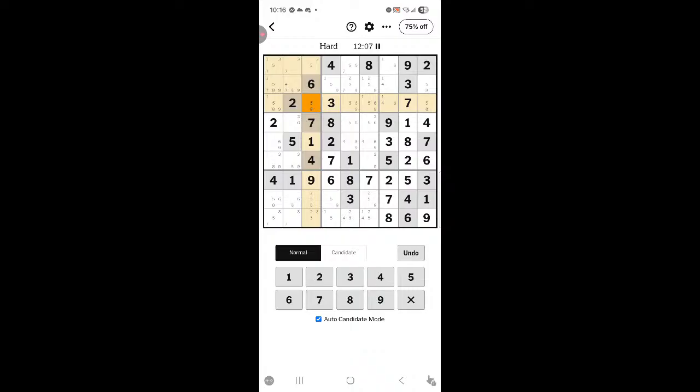Well, let's try. If it's 8, that forces 3, forces 7, and 1, 6, 5, 2, 3, 8, 6, 5, 7, 9.